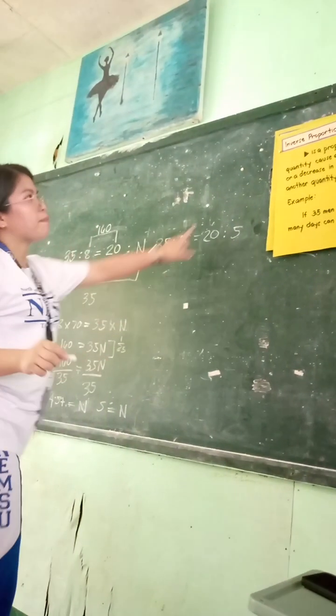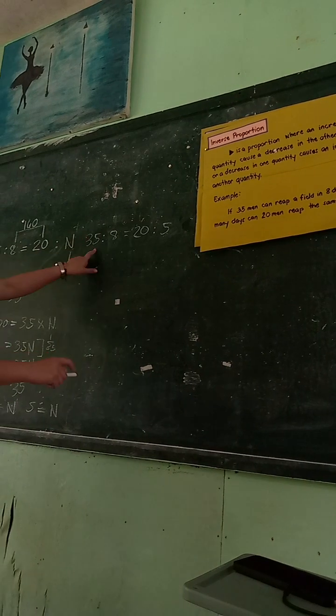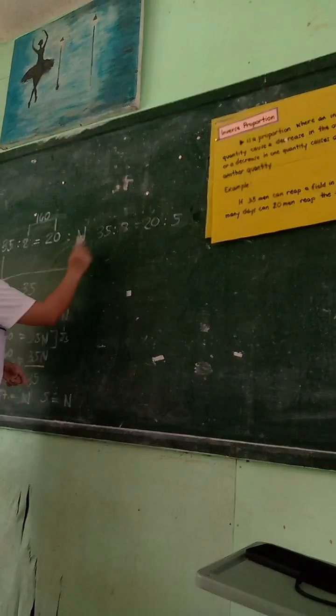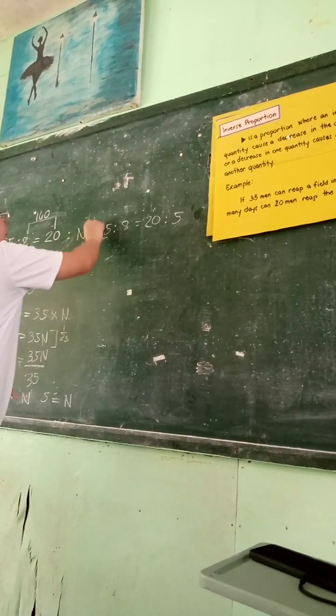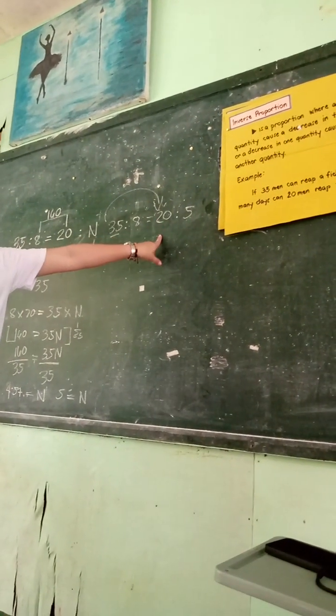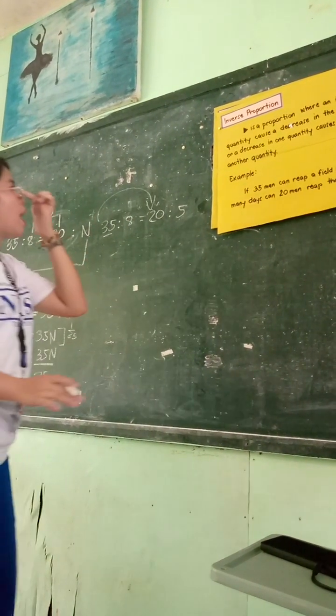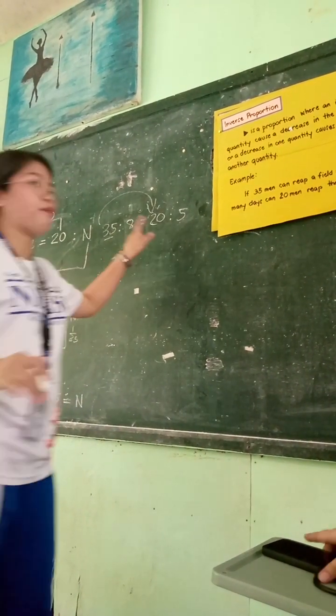So, di ba, in a proportion where an increase in one quantity causes a decrease, what happened to the first term of the second ratio? Di ba nag-decrease. So this means that it is an inverse proportion.